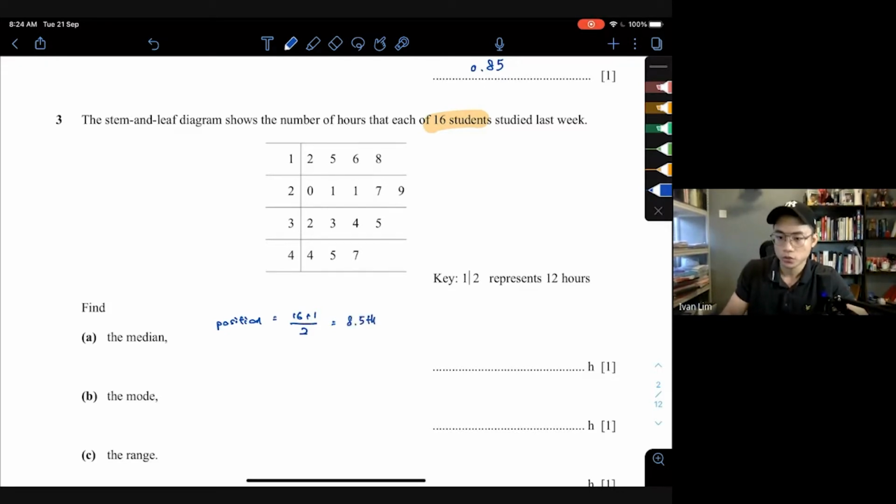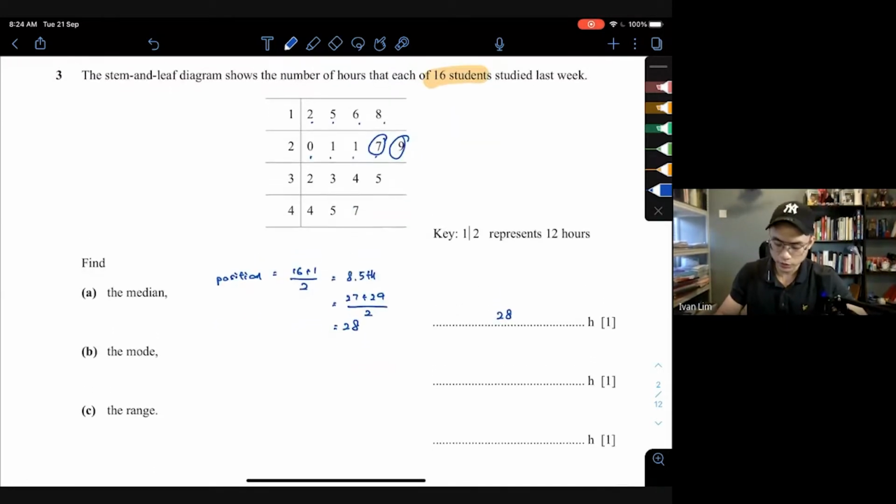So you need to count 1, 2, 3, 4, 5, 6, 7, 8. This is your 8th and 9th position, right? Now find the average between both of them, which is 27 plus 29 divided by 2, and that's how you get the value 28, and that's the answer. Second one, the mode.